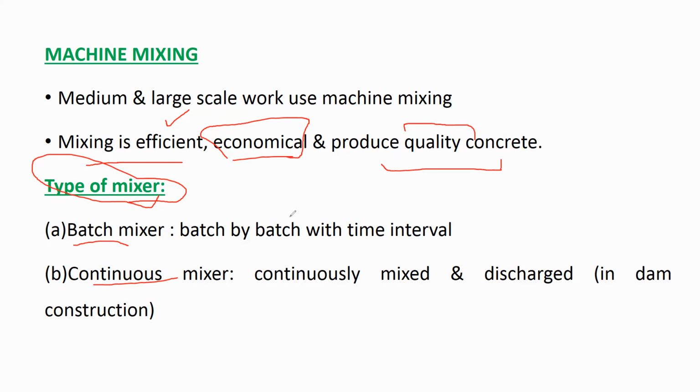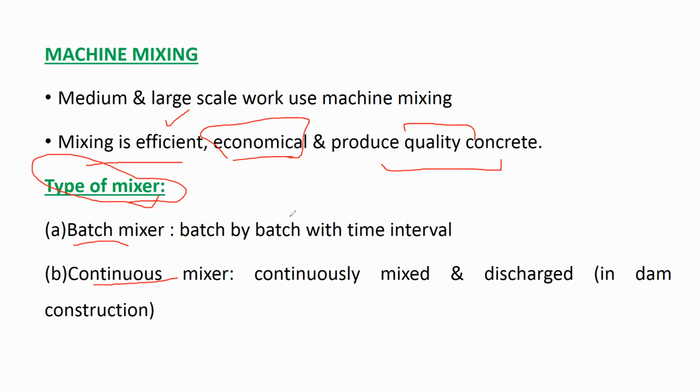So a machine concrete mixer is there. In the concrete mixer, we prepare the concrete, remove it from the machine, and send it. Then again we put all the ingredients into the concrete mixer machine. Concrete is prepared, then it is sent.